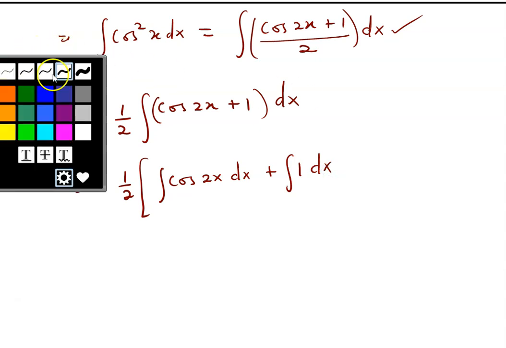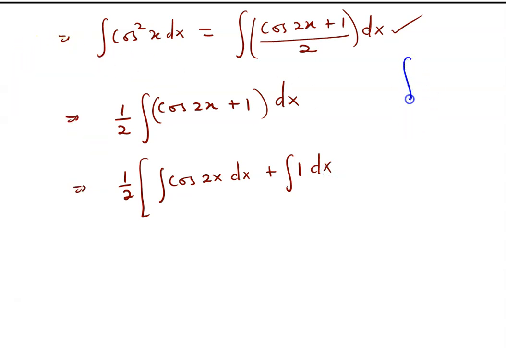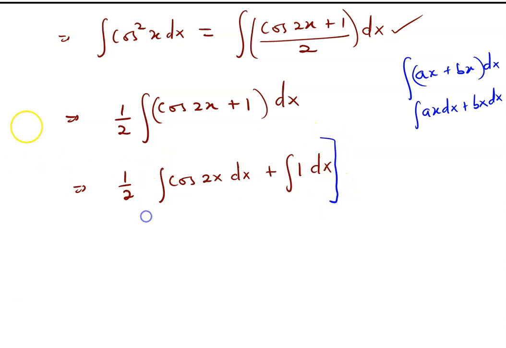Because last time I made it clear to you that if I have the integration of ax plus bx dx, then we can perform distribution, which is the integral of ax dx plus the integral of bx dx. The same applies to this. So we can perform the integration distribution for all of them, and we'll get something like this.